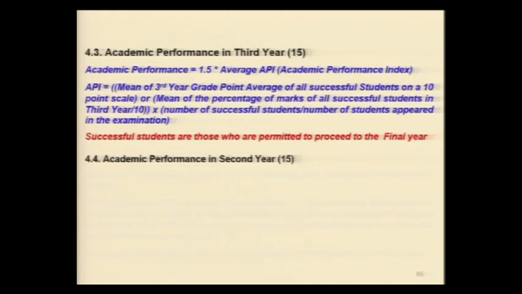We also did an analysis where we found that the final year performance of students across the country by and large falls in the same window. So it is really difficult to differentiate how students are performing from program to program in the final year. So final year assessment is not part of the assessment in the new SAR in any discipline. So academic performance in third year means successful students, those who are permitted to go to the final year.